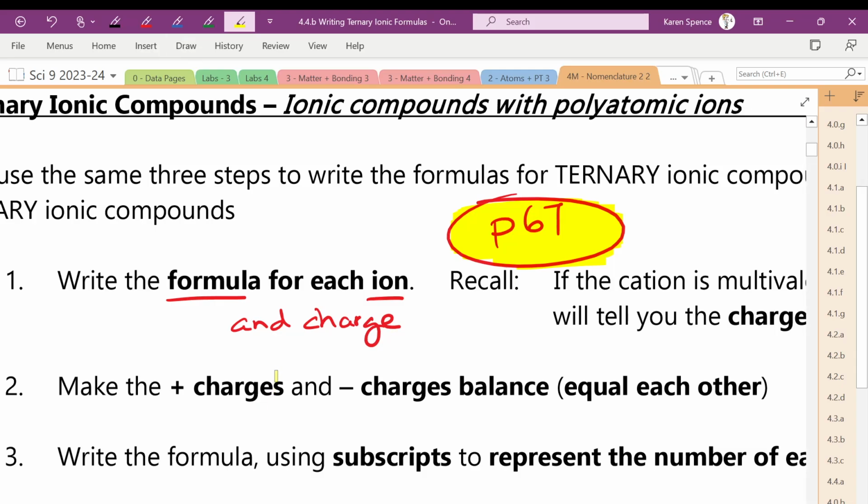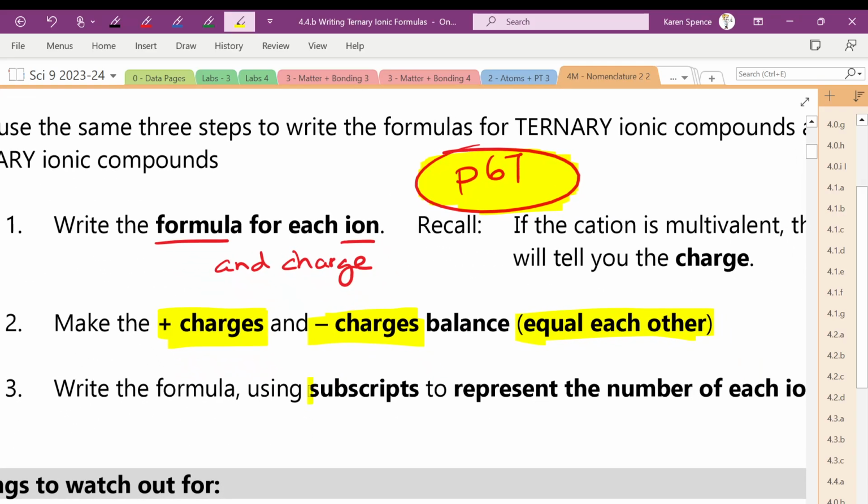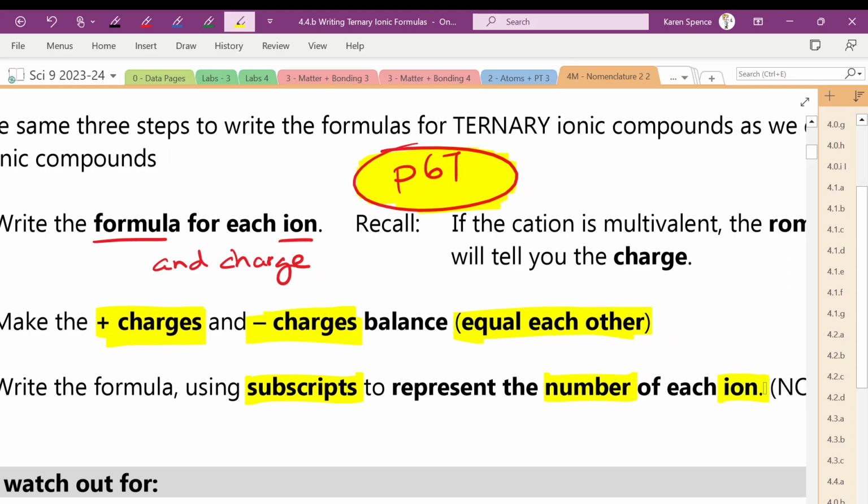You make sure that the positive charge and the negative charge equal each other. So you're balancing them out, balancing positive and negative. And then finally, once you've made them equal, you use subscripts to represent the number of each ion.